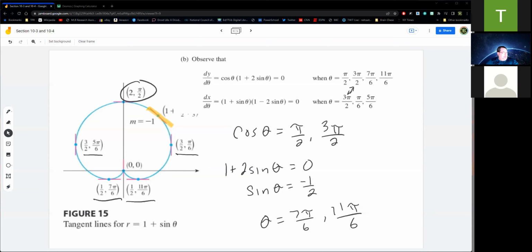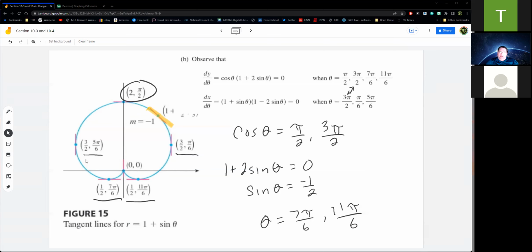Sorry, Professor, a little unclear on how to get the bottom two at 1/2 and -1/2. Are we just saying that because of the square root aspect of it? Which part? There's two horizontal lines at 1/2 7 pi over 6 and 1/2 11 pi over 6. Oh, so the 7 pi over 6 and 11 pi over 6 are just the thetas.